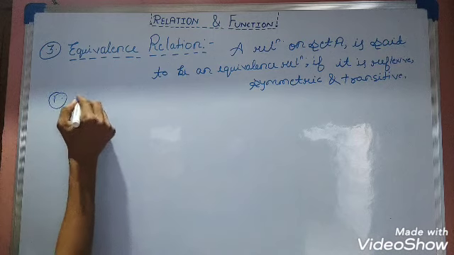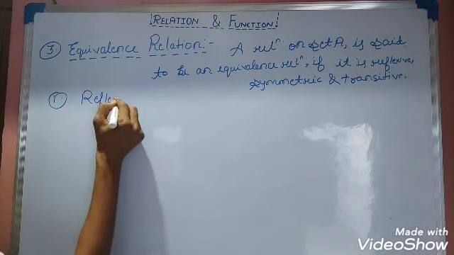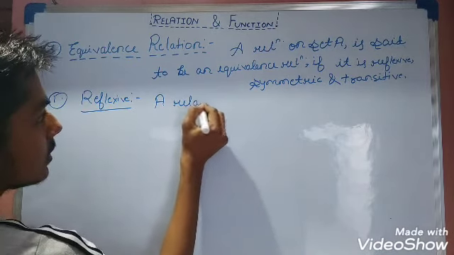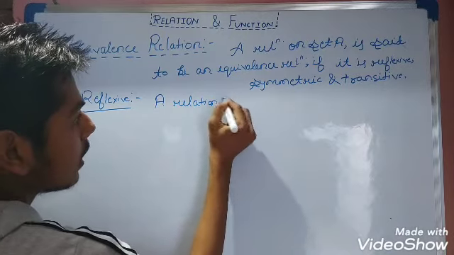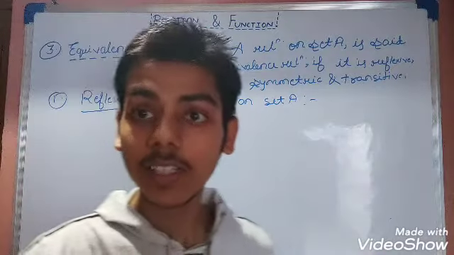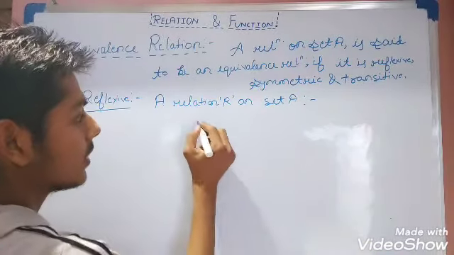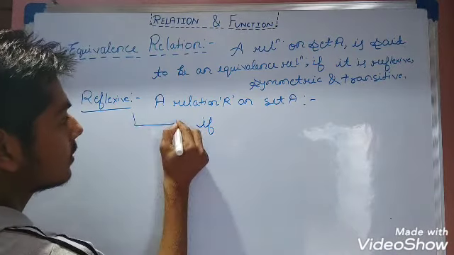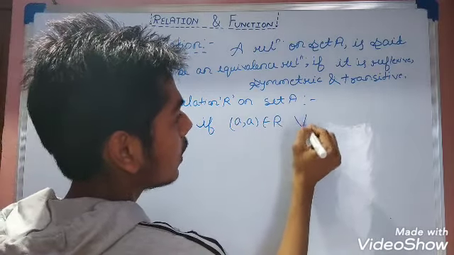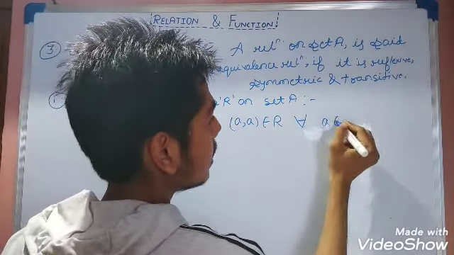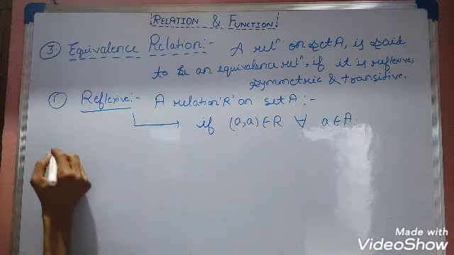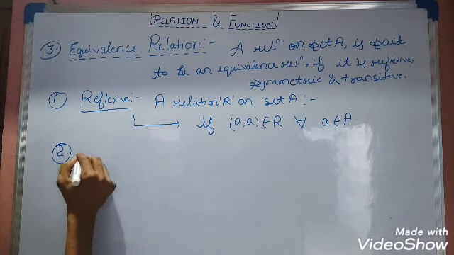First start with reflexive. A relation R on set A is said to be reflexive if (a, a) belongs to R for every a belongs to set A. Now the second one is, what is symmetric?